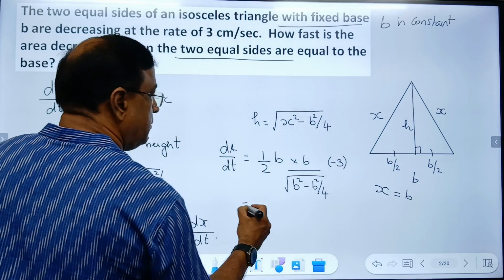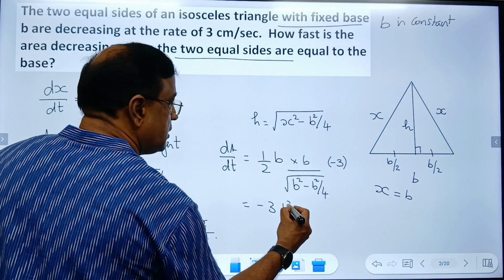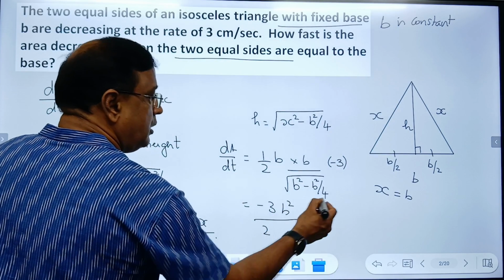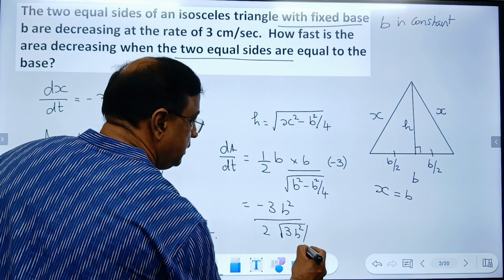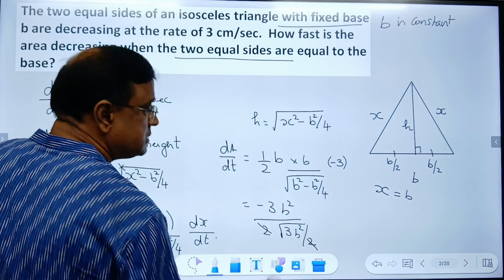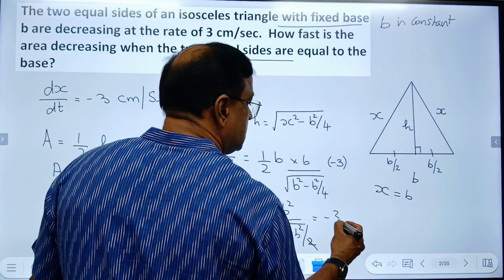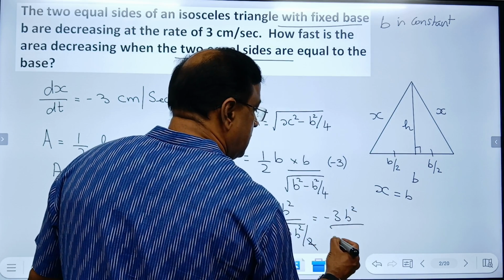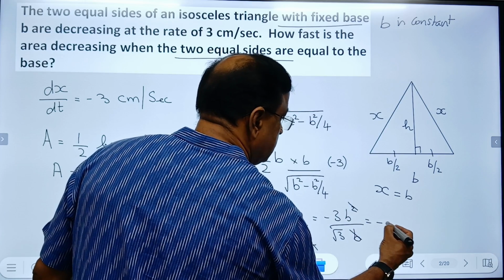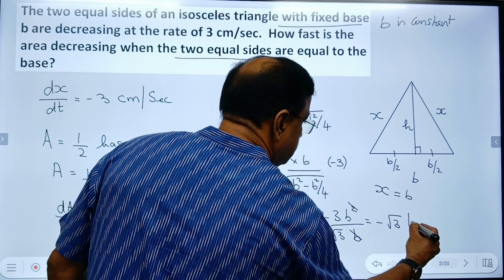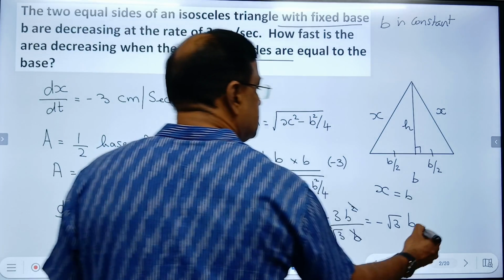So it will be minus 3b square by 2. If you take LCM, you get root of 3b square by 2. The 2 gets cancelled. So I get minus 3b square divided by root 3b. So b also gets cancelled, which is ultimately minus root 3 b, and the unit is centimeters per second.